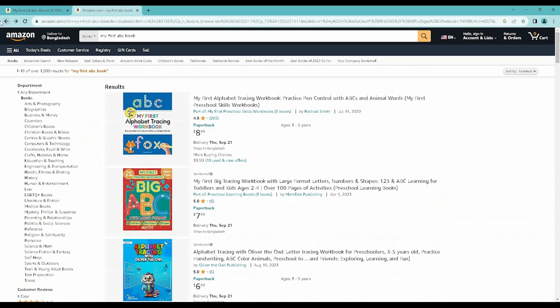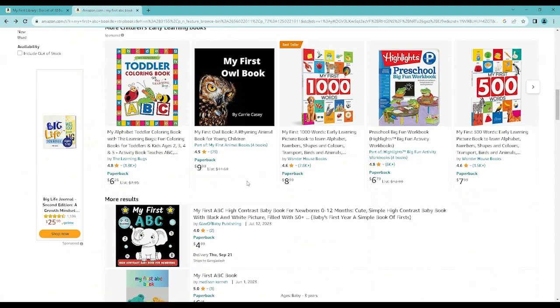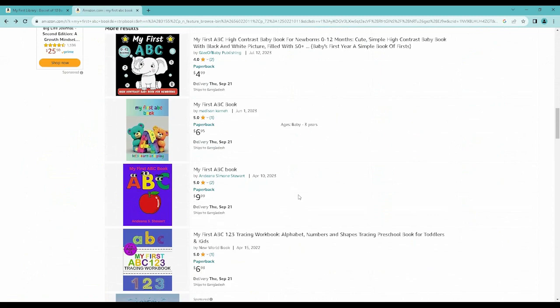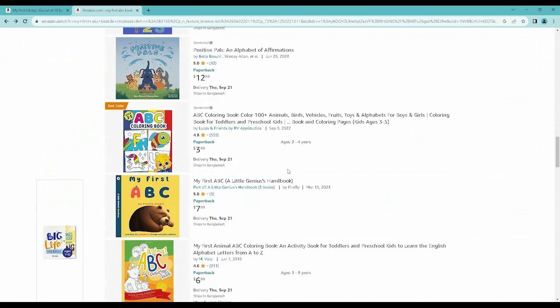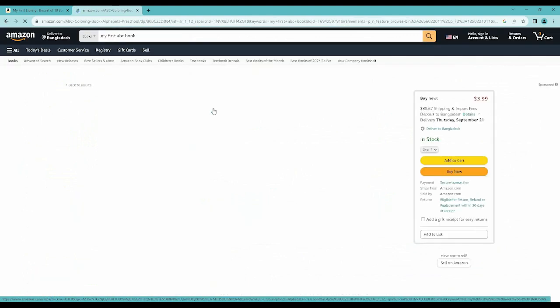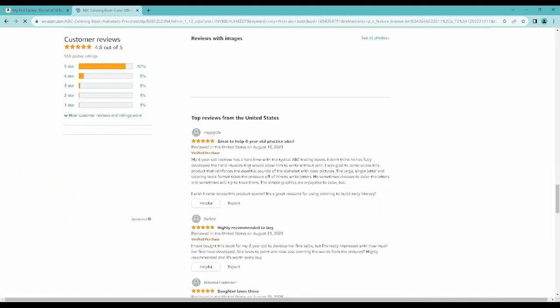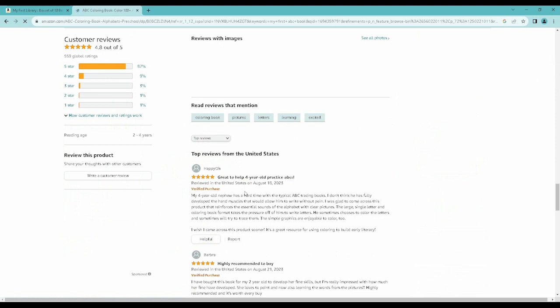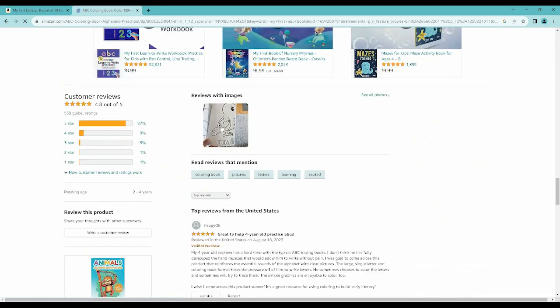Full reviews, two reviews, one review. ABC double five bestseller. Here you're showing review images.